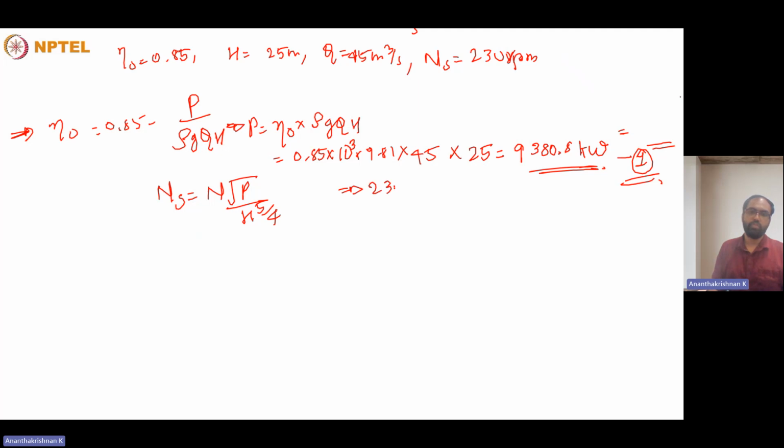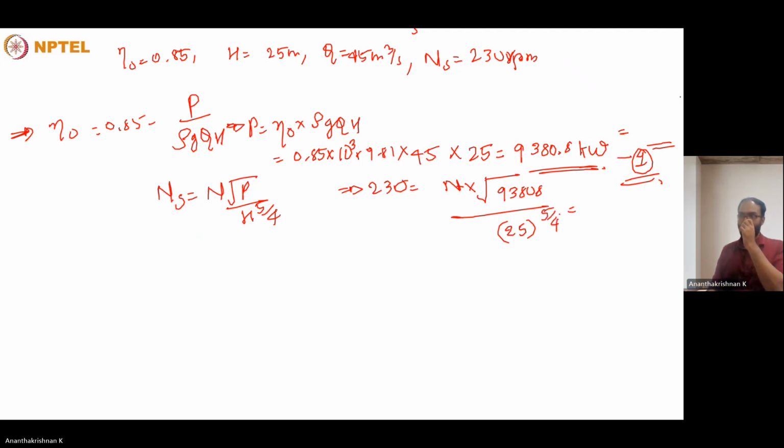So we can write this is 230 into n into root of the power, that is 9380.8 kilowatt divided by the head 25 raised to 5 by 4. That corresponds to the value of n is equal to 132.75 RPM.